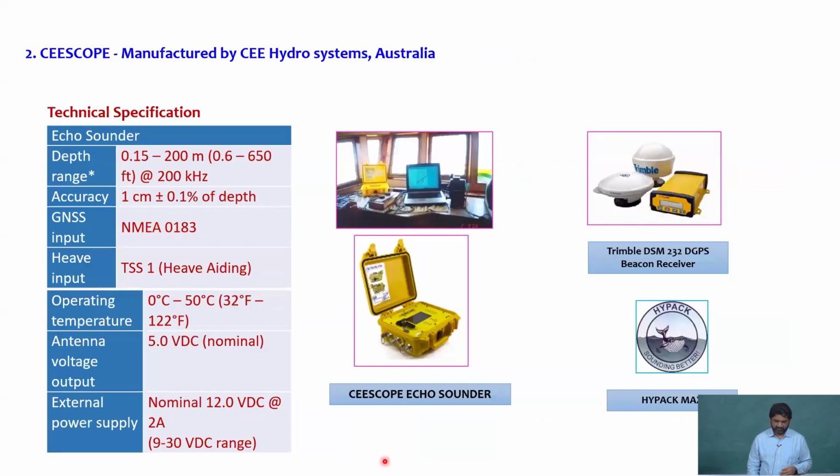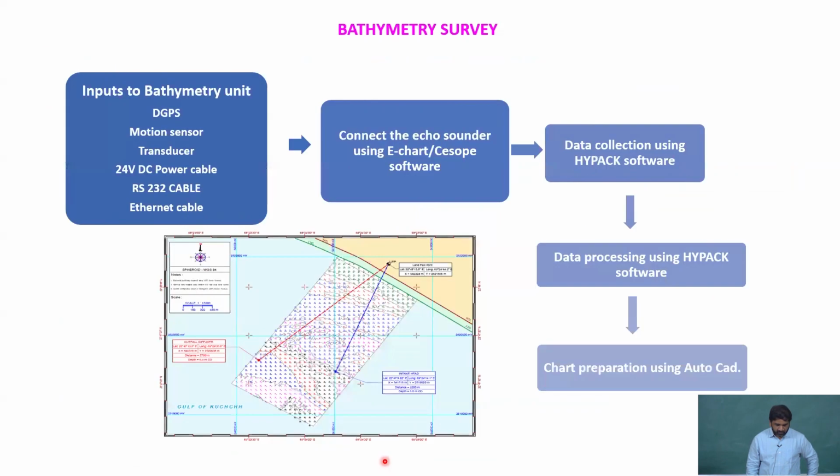These are different makes of the same equipment, and you can typically prepare such contours to understand how the depths vary. Different coastal regions will differ. There are coastal regions where the contours vary very uniformly, like every 1 kilometer I move, there will be a 2 meter drop in depth.